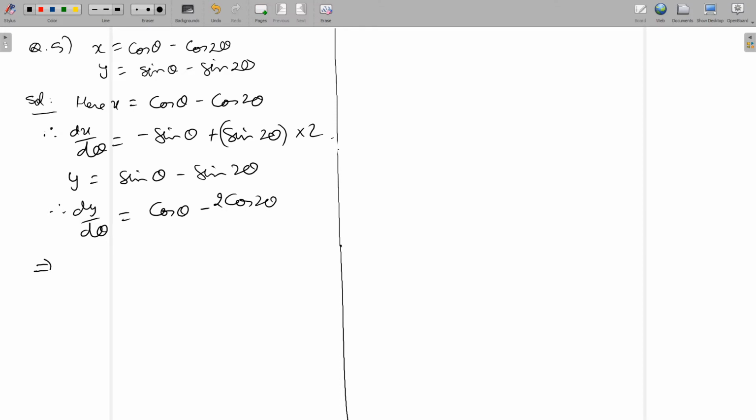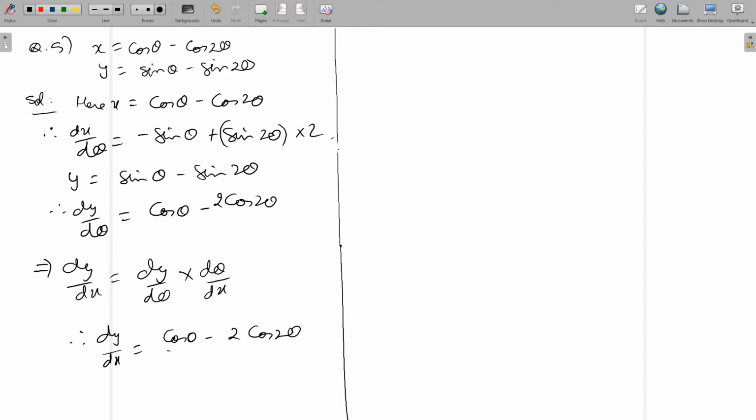Therefore this implies dy by dx is equal to dy by d theta into d theta by dx. Therefore dy by dx is equal to, dy by d theta is here cos theta minus 2 cos 2 theta, then d theta by dx.